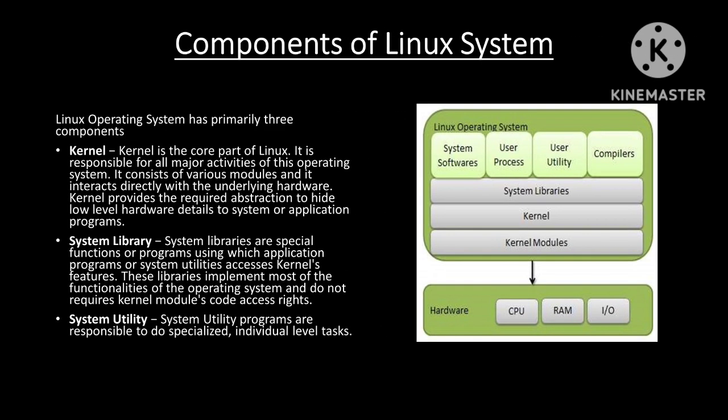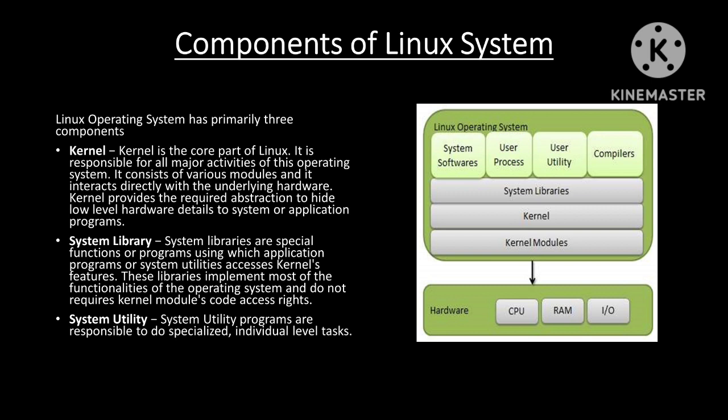So next we discuss the components of the Linux system. Basically the Linux operating system has three components. The first one is called the kernel. The kernel is the main or core part of Linux. It is responsible for all major activities of the operating system.